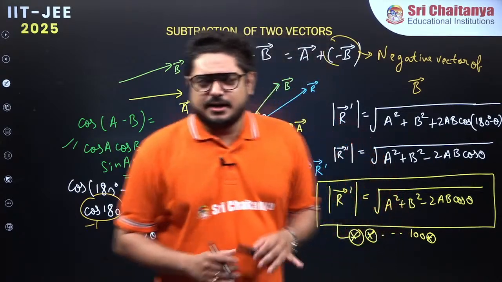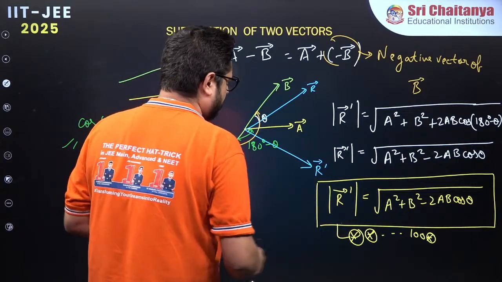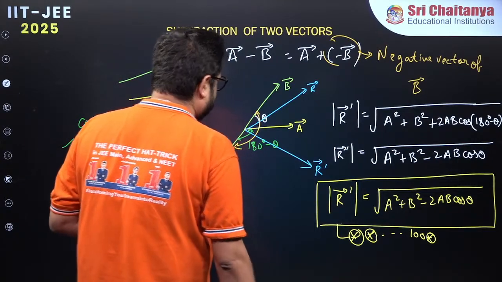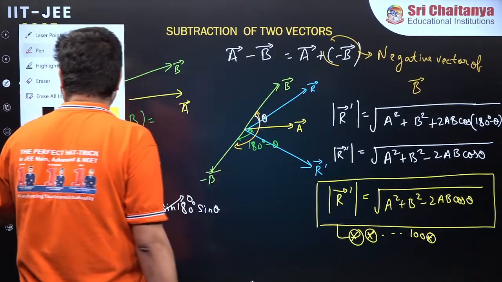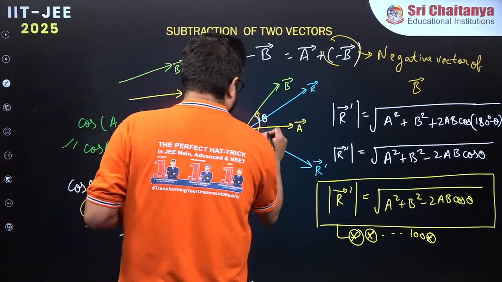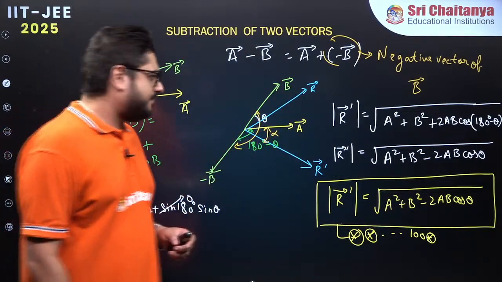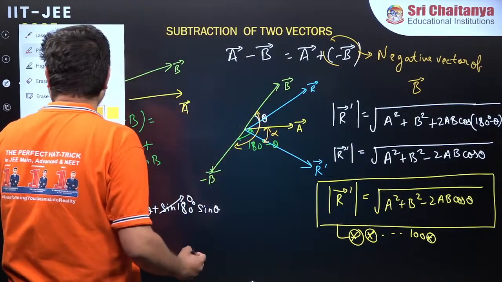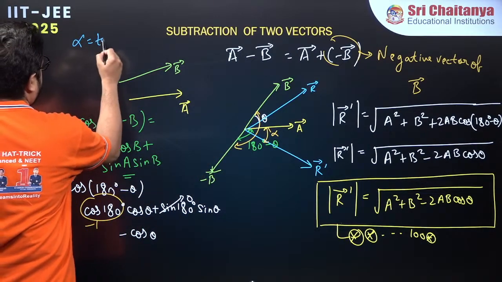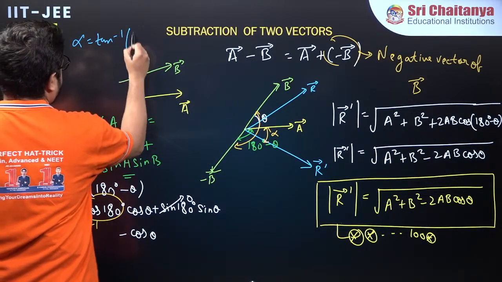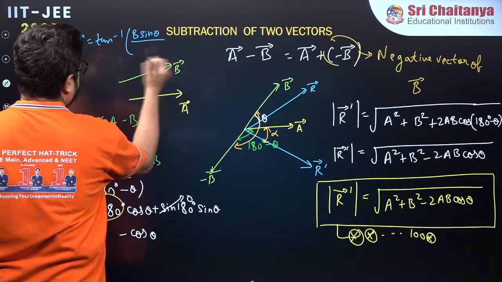Now let's try to understand certain more things. The most important thing is, if I want to find out the angle between the resultant and the a vector, the only thing which will change is the expression, so I will write it down. Alpha is going to be equivalent to, if you can recall, b sine theta to that of a plus b cos theta in the case of addition of two vectors.